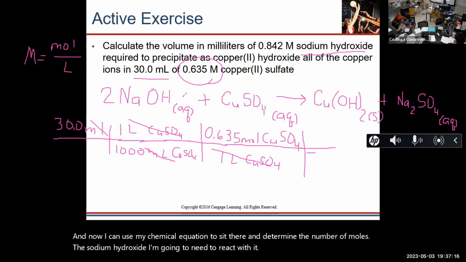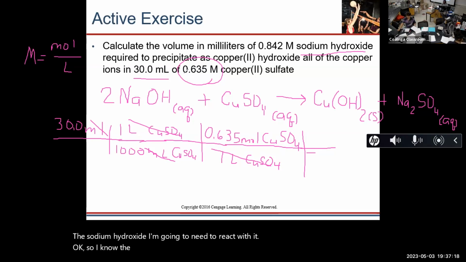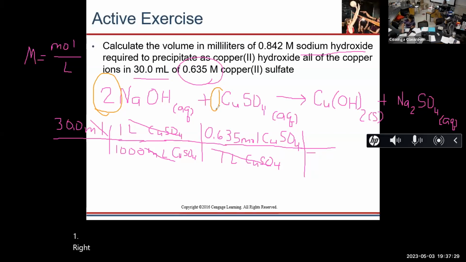Okay, so I know the ratio of sodium hydroxide is 2 to 1, right? We know that that's understood to be 1 there.